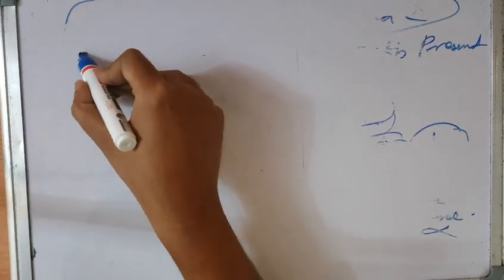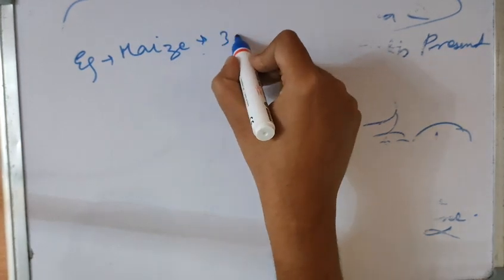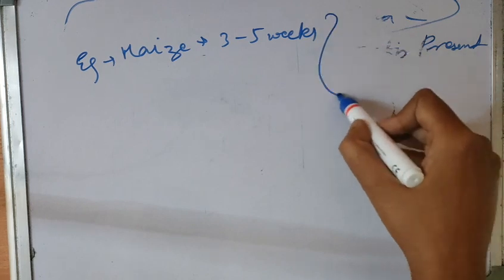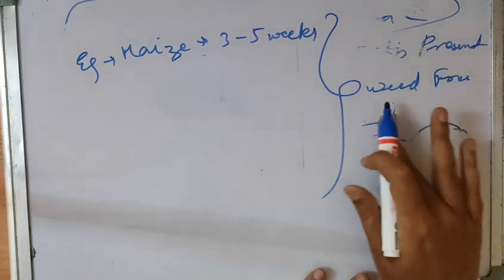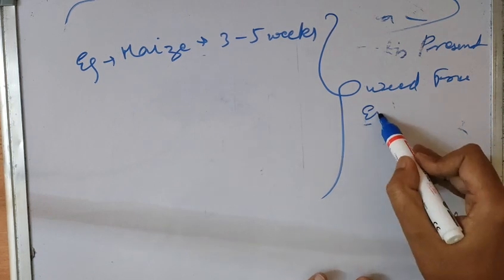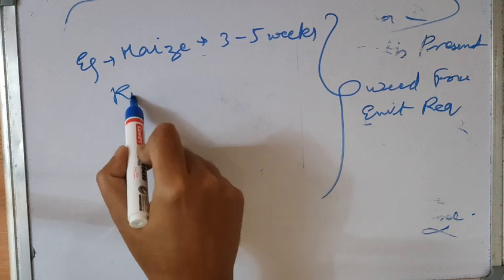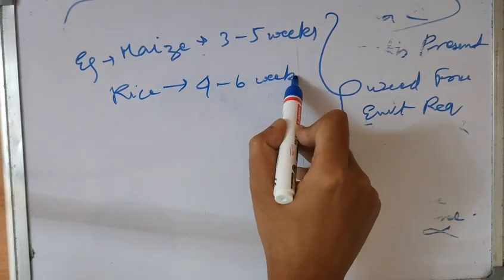Now moving on to some examples. For maize, the first 3 to 5 weeks we need a weed free environment. For rice, the first 4 to 6 weeks.